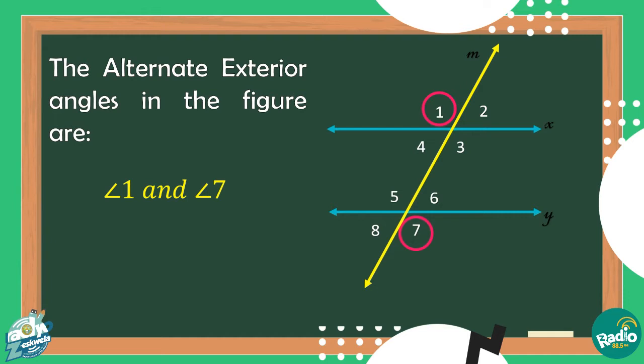As we know, angle 1 and angle 7 are both exterior angles, but in this case, this pair of angles is what we call alternate exterior angles. Next pair is angle 2 and angle 8, which are both exterior angles, and this pair is also alternate exterior angles.